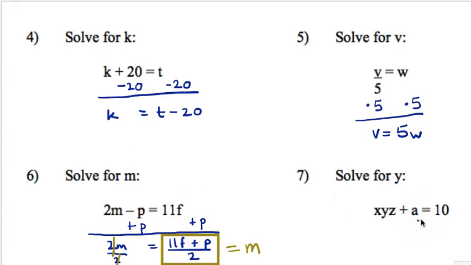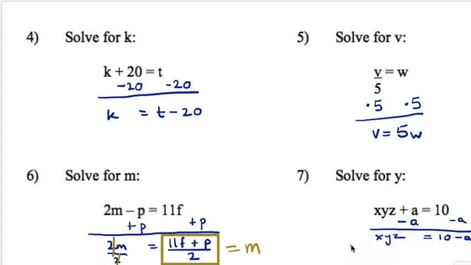xyz is similar, right? xyz plus a. Subtract a from both sides, and we get xyz equals 10 minus a, and we're solving for y. Notice that y is multiplied by x and it's multiplied by z. We could do this all together, or all at once.